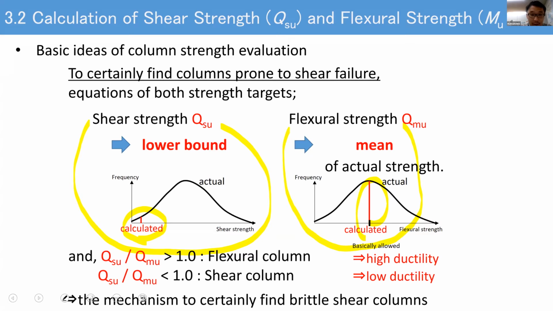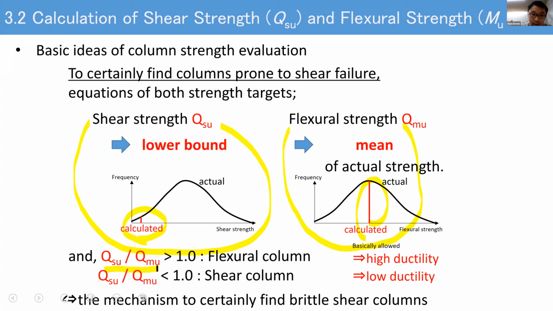After the calculation of QSU and QMU, we calculate the ratio of QSU and QMU. If the ratio is larger than 1.0, the column is classified as a flexural column. Flexural column is basically allowed to have high ductility.